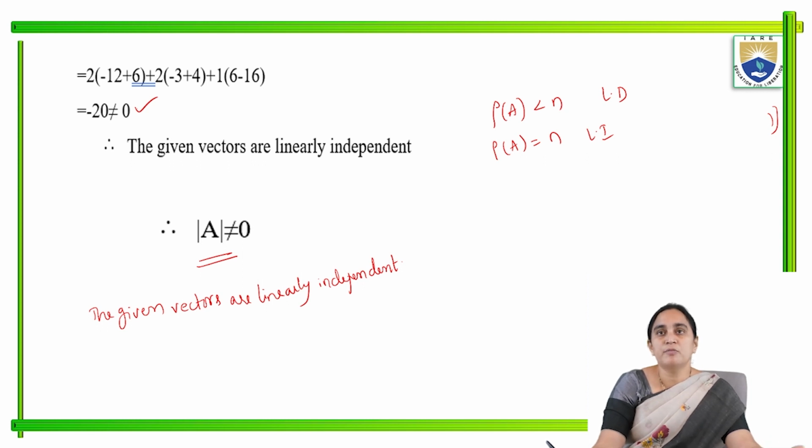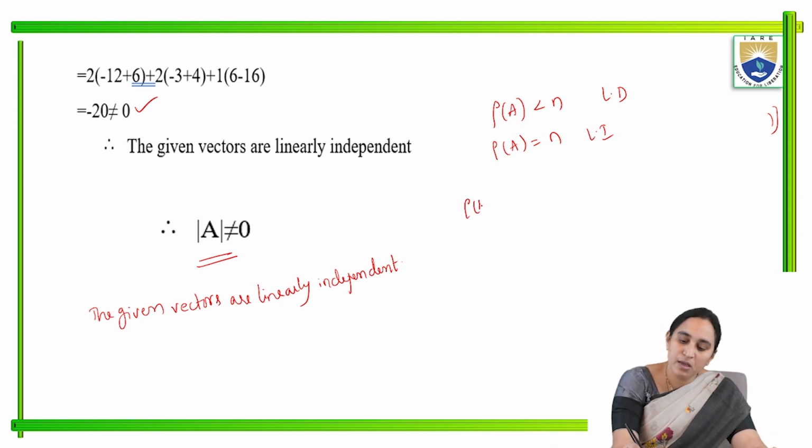How do we find the rank of A? By using echelon form. First we have to find the rank of A, and if it is less than the number of unknowns in the given vectors, the vectors are dependent. For finding rank of A, use echelon form.